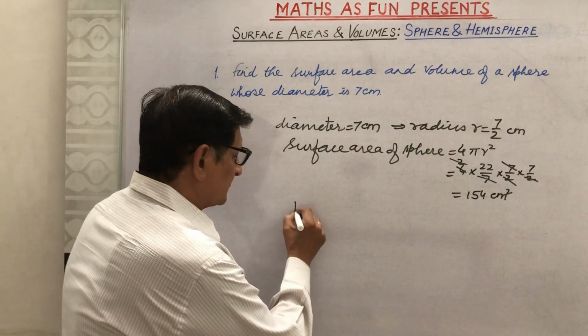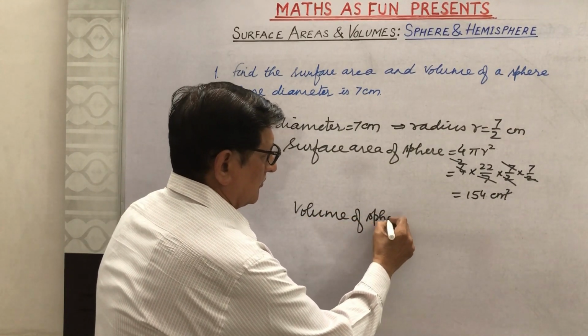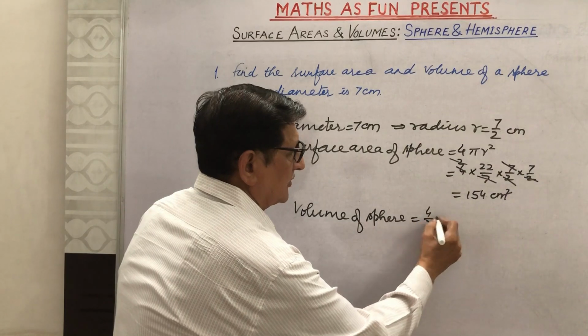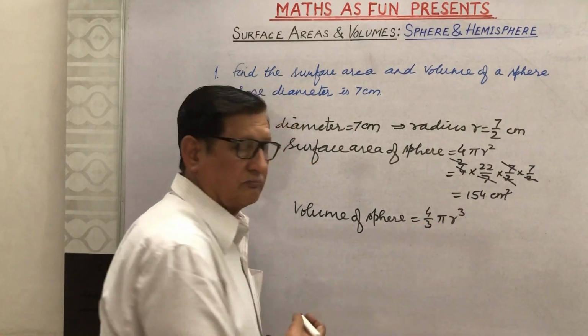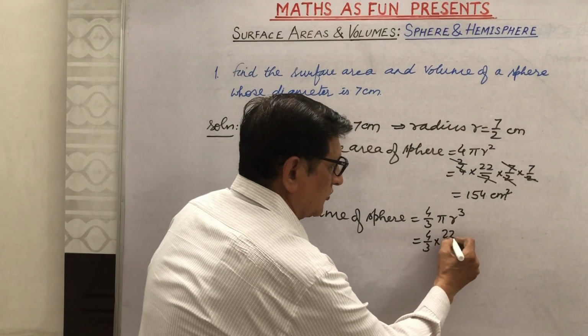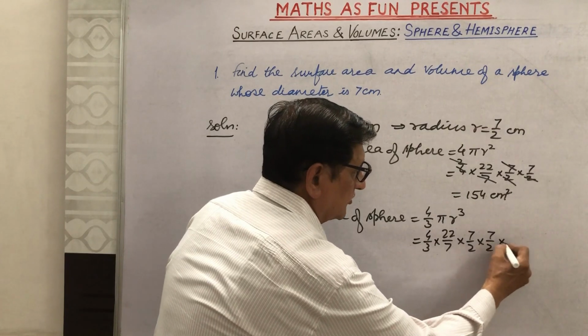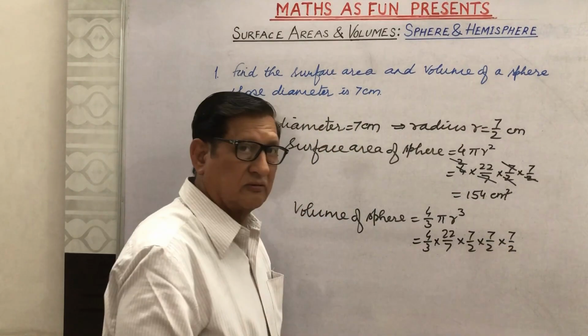Now the volume of a sphere is given by 4 by 3 pi r cube. Substituting the values, we get 4 by 3 into 22 by 7 into 7 by 2 into 7 by 2 into 7 by 2.